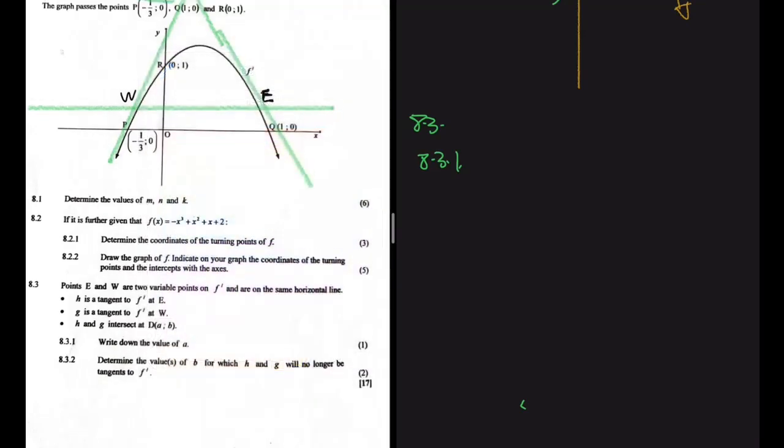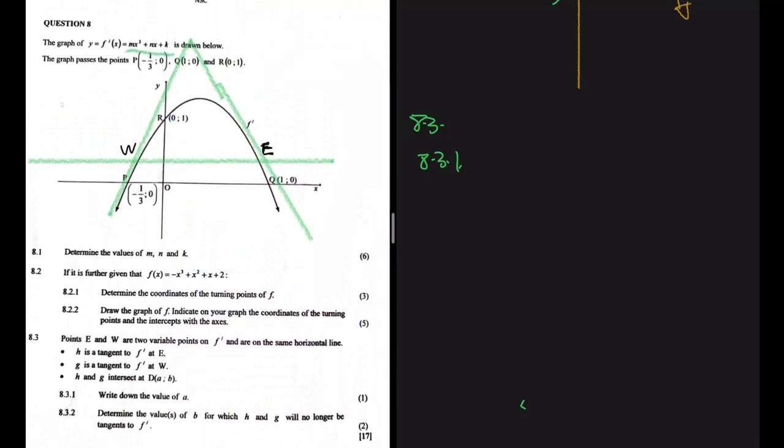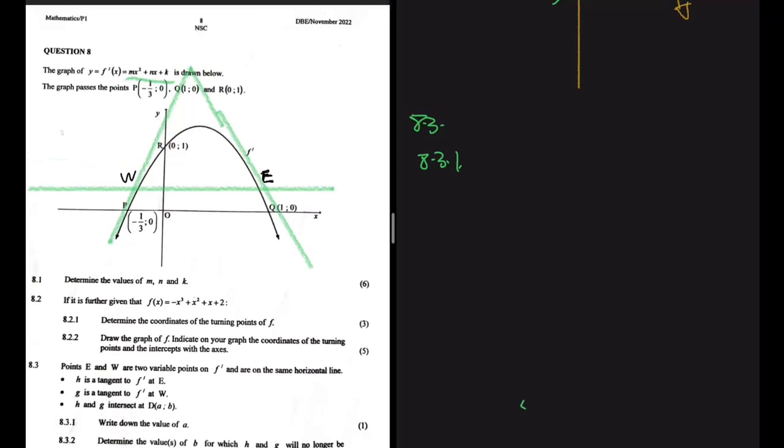If indeed these two tangents lie on E and W, and E and W lie on the same horizontal line, then this point here should be at the x of the turning point. So if we want to find the value of A, we're going to say A is equal to minus b divided by 2a, right? Back to the basics, the x coordinate of the turning point.